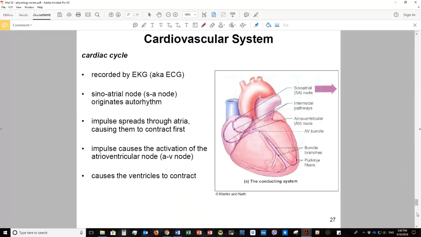We'll talk about that. So I want you to look at the picture here on the right, and we see our heart. You can kind of identify some of the compartments here, the chambers. So we've got a right ventricle here. Right atrium, right ventricle.